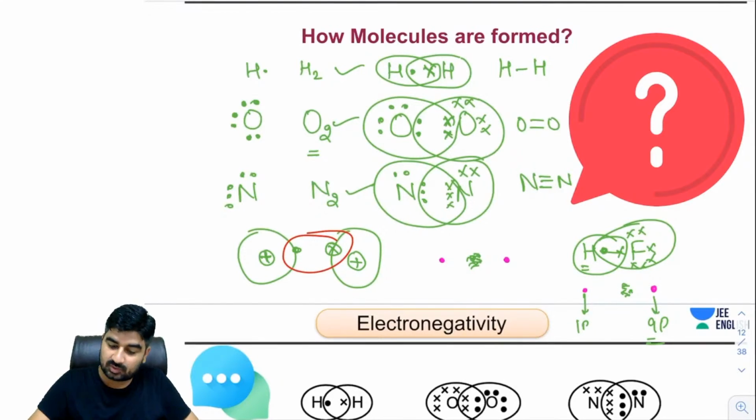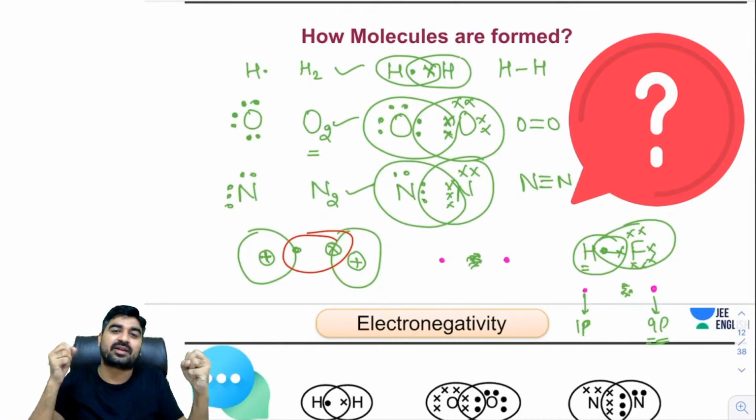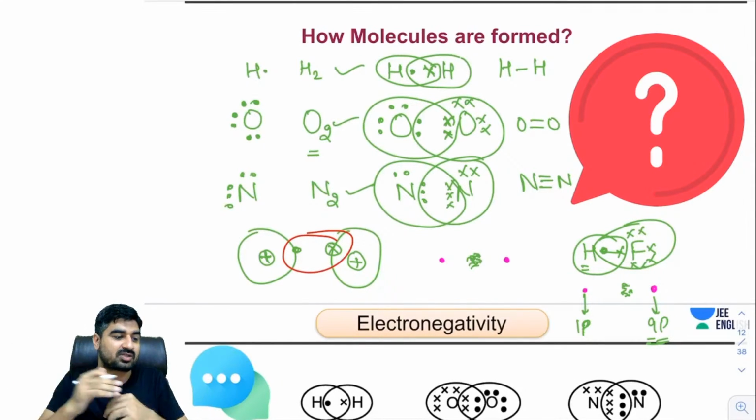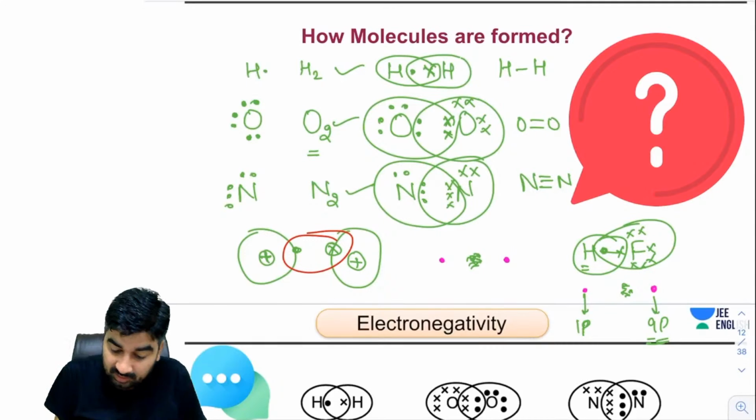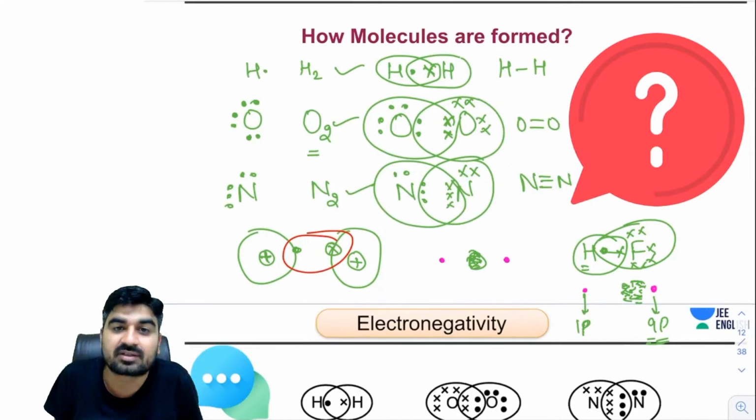I just told you hydrogen has only 1 proton in its nucleus and fluorine has 9. So 9 protons are pulling, and on one side only 1 proton is pulling. So which will be stronger? Jack says F. Yes. So fluorine will attract it. In this case electron cloud was at the center, but here electron cloud will be pulled towards fluorine.